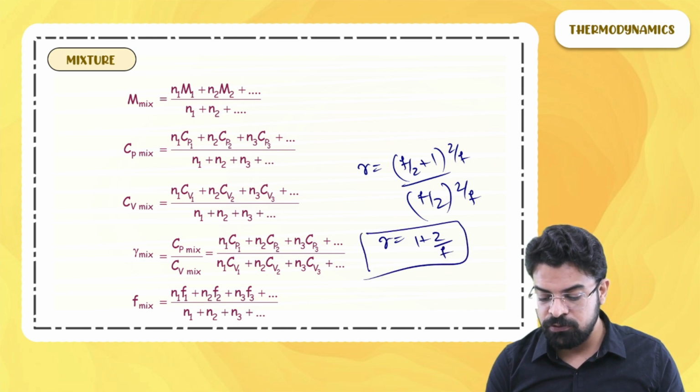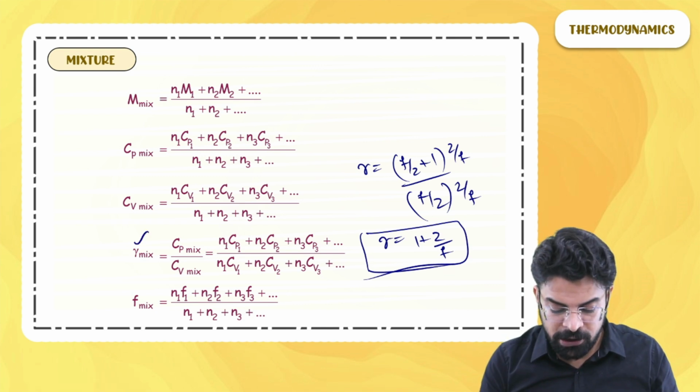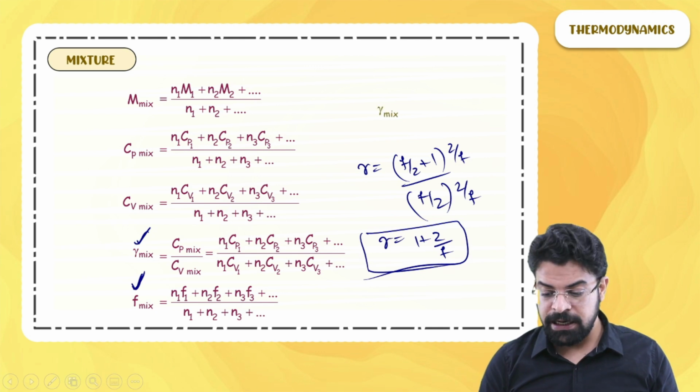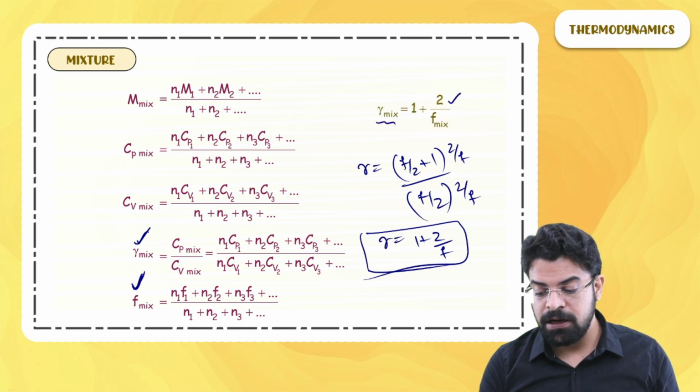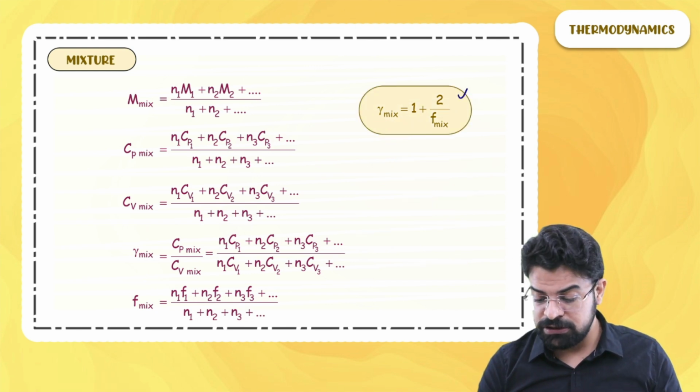So gamma equals 1 plus 2 by F. So first, if I need to find gamma mixture, I find the degree of freedom of mixture, and then I use that gamma mixture equals 1 plus 2 by degree of freedom of mixture. So use this particular method.